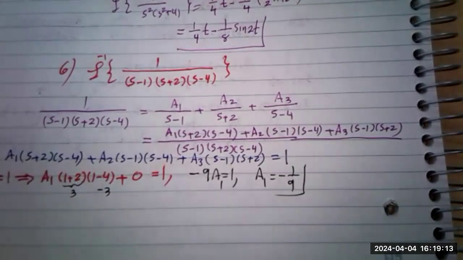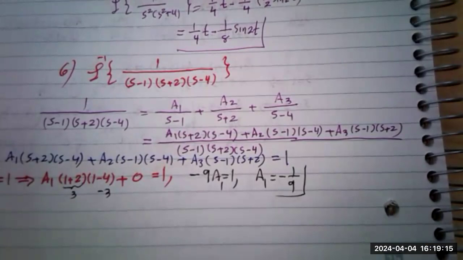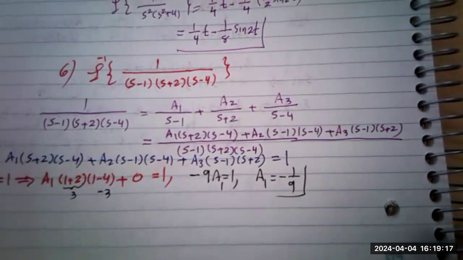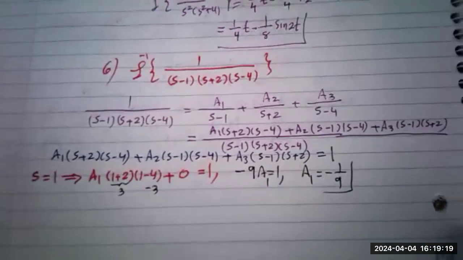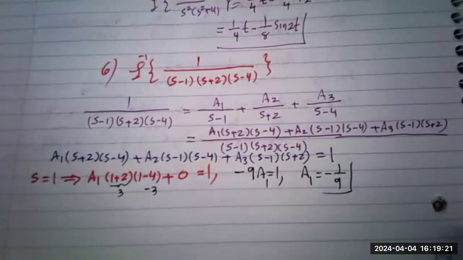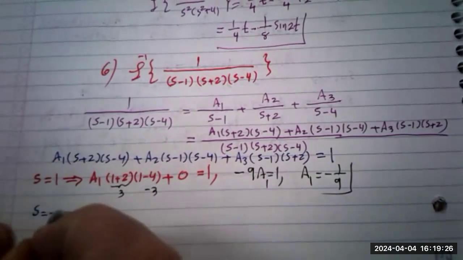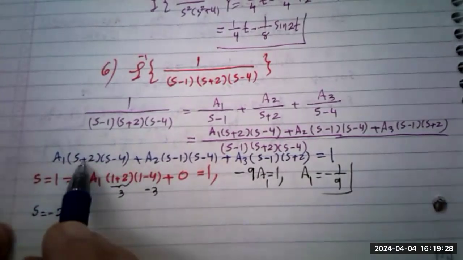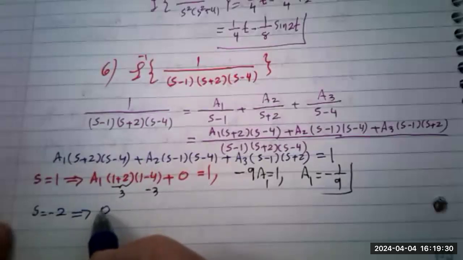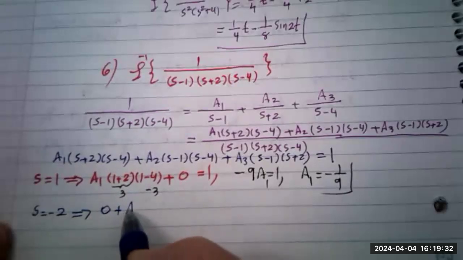Any question? Check the other numbers. Can you move it just over to the side? Thank you. Okay, so s was 1, so we check s negative 2. S equal to negative 2. Negative 2, this would be 0. We're going to get the middle one.